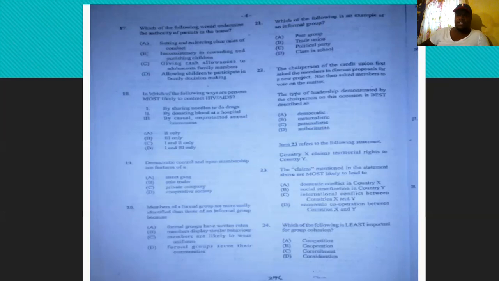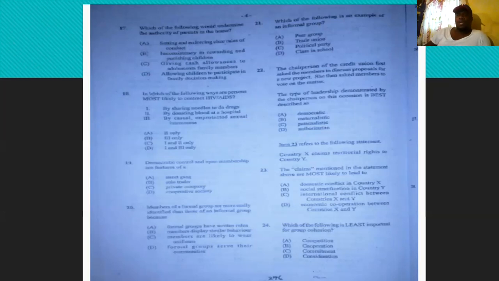Number 23 refers to the following statement. Country X claims territorial rights to country Y. The claim mentioned in the statement above is most likely to lead to A, domestic conflict in country X; B, social stratification in country Y; C, international conflict between countries X and Y; or D, economic cooperation between countries X and Y. Remember, it says country X claims territorial rights to country Y. Country Y is already an established country.